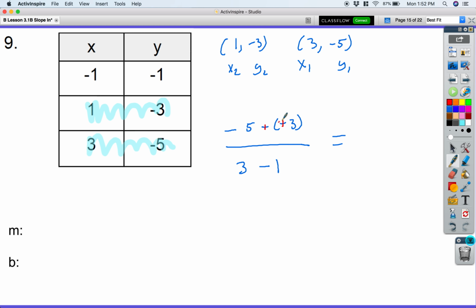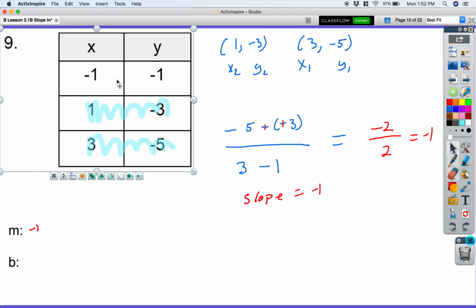So -5 plus 3 is -2, and then 3 minus 1 is positive 2. And so -2 all over positive 2 simplifies to -1. So therefore my slope is -1.